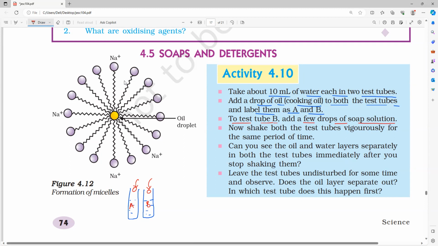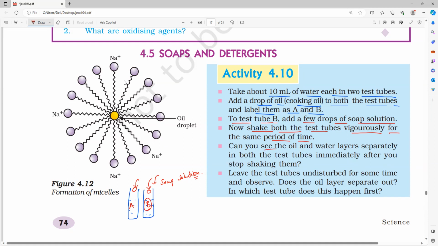So what did I add to test tube B? I added soap solution. Now shake both the test tubes vigorously for the same period of time. After you start shaking, you will definitely notice some change. That is what they are asking.